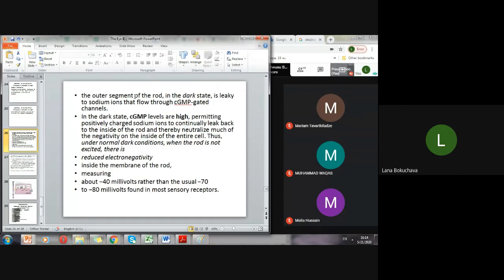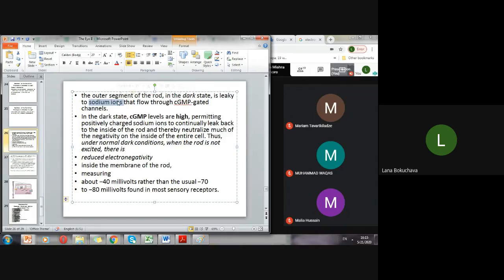One of the important things is that the outer segment of the rod, as you can see here, in the dark state has cyclic GMP gated channels, and these are the ones where we have the sodium ion leakage.